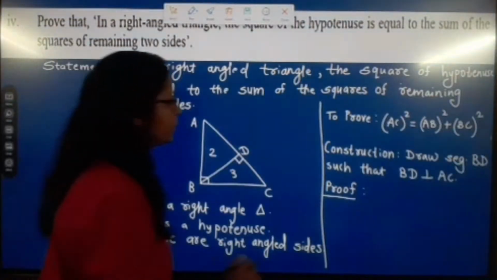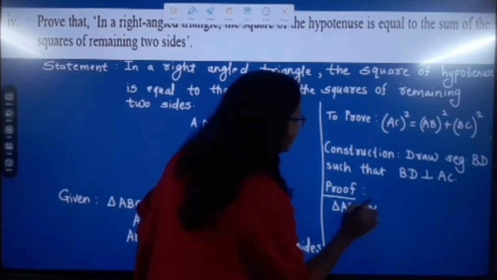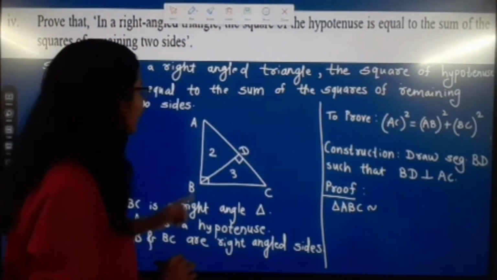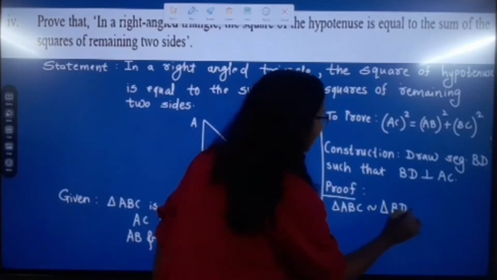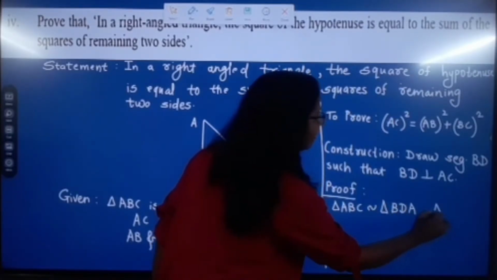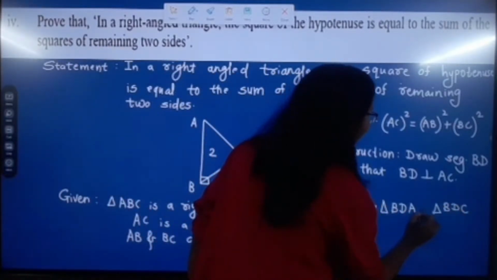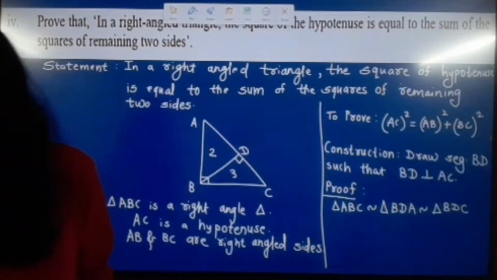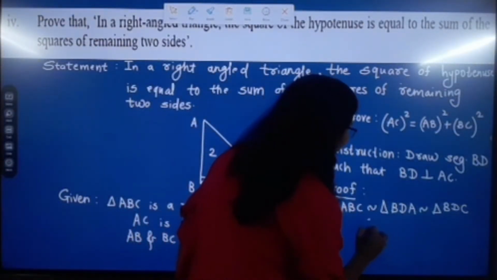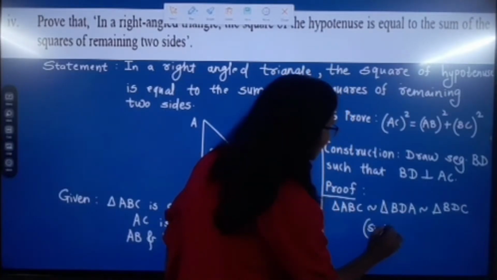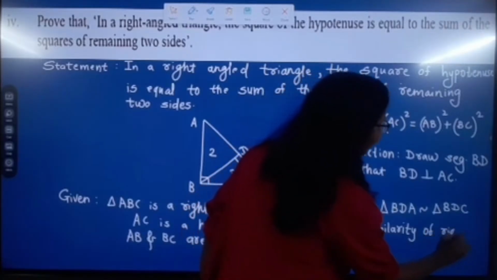So I write down the first step: triangle ABC, that is the original one, then the second, new triangle BDA, and the third triangle BDC. These three triangles are similar to each other, and the base is the similarity of right angle triangles.